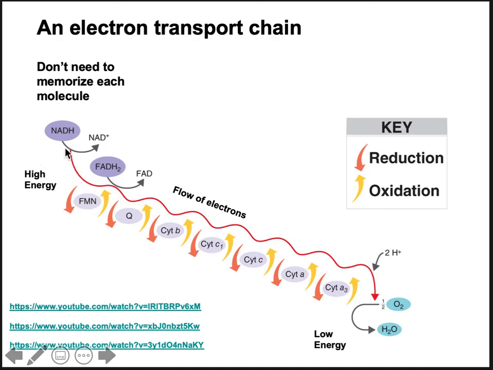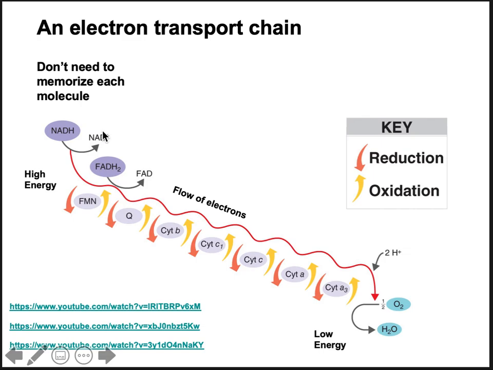I just want to demonstrate what I kept telling you, that NADH is going to go to the chain and FADH2 is going to go to the chain. And they're going to deliver those hydrogens that they picked up from glucose, and they're going to give it to the chain. And so then now you are oxidizing NADH to go to NAD+.